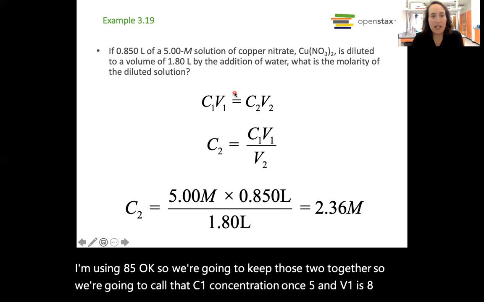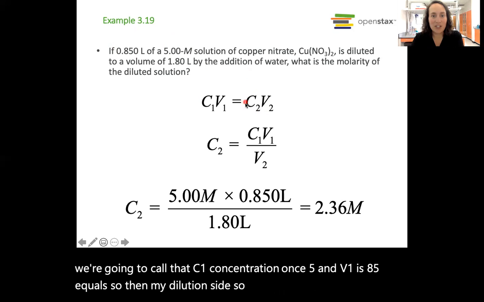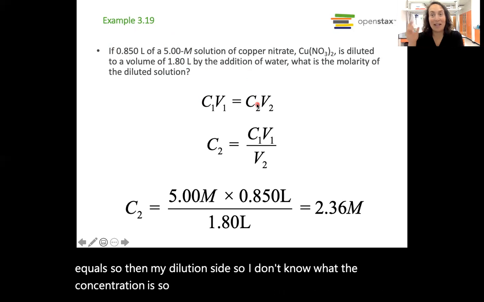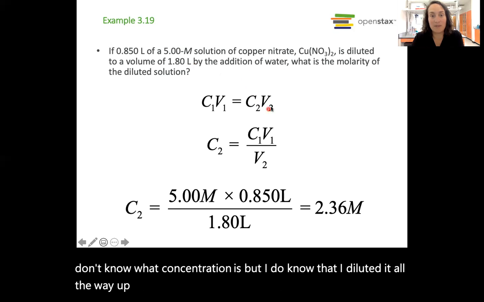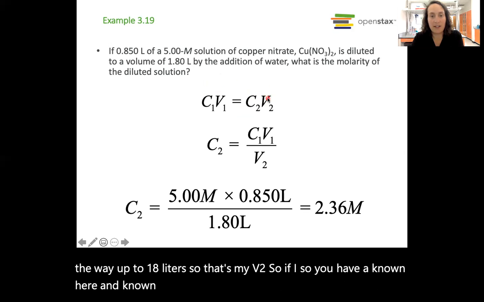Equals, then my dilution side. I don't know what the concentration is, so C2 is the X in my algebraic equation. But I do know that I diluted it all the way up to 1.8 liters, so that's my V2. You have a known here, a known here, an unknown here, and a known here.